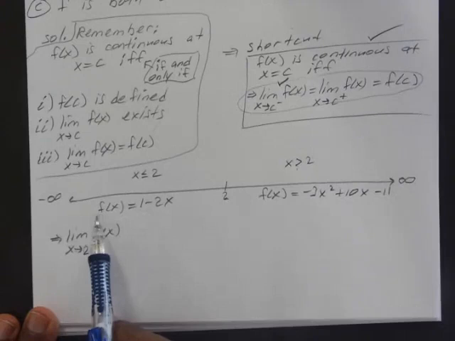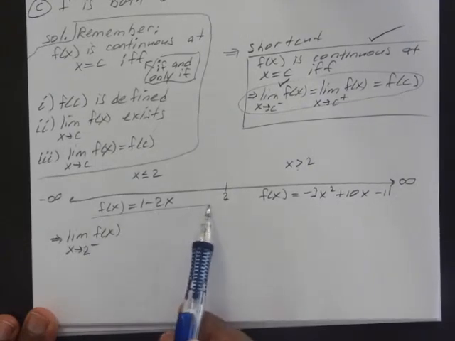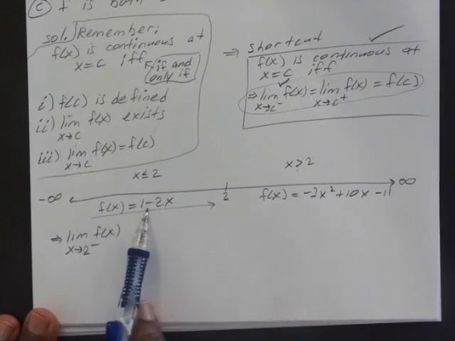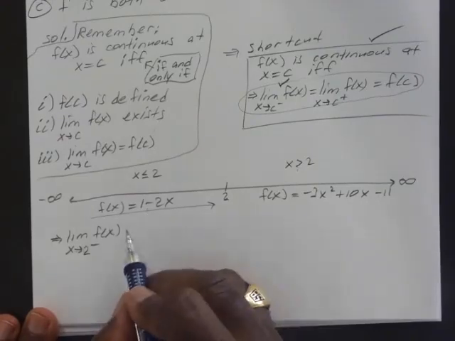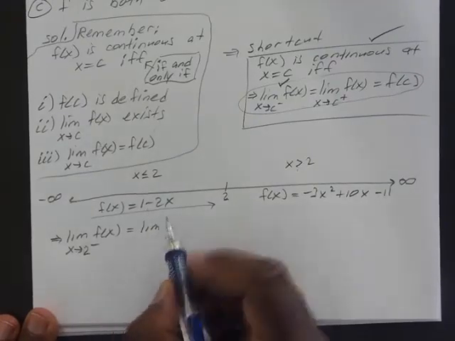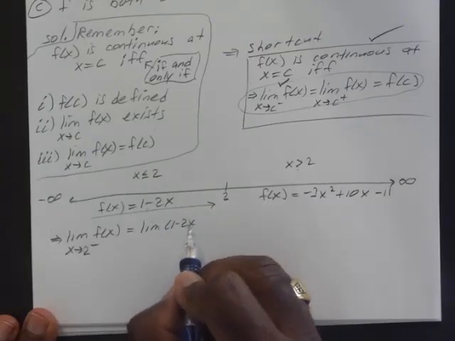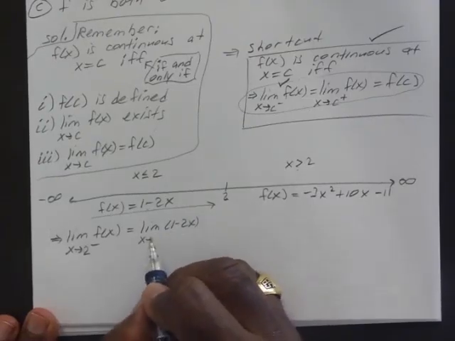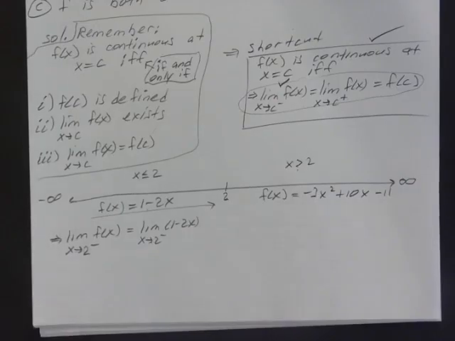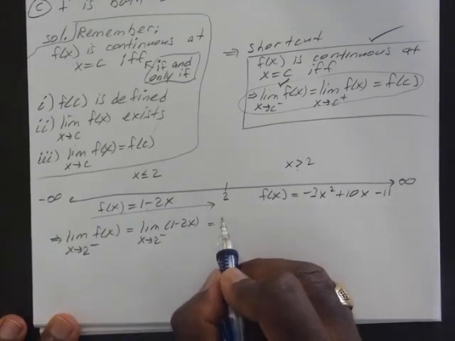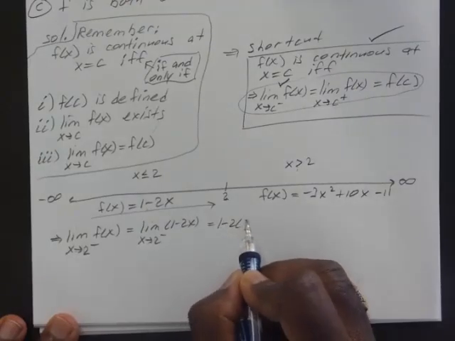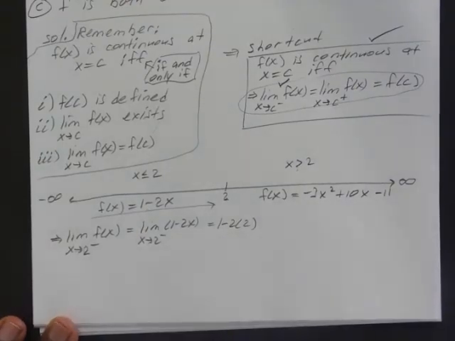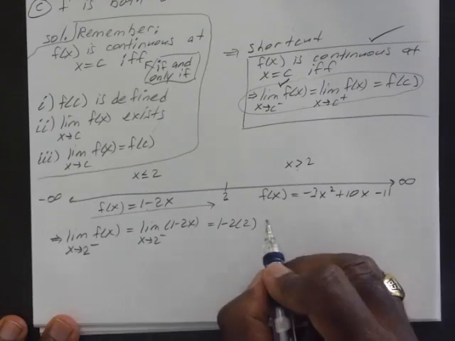When you're approaching 2 from the left, your f of x is 1 minus 2x. So that's equal to the limit of 1 minus 2x as x approaches 2 from the left. We can just use direct substitution. That's just 1 minus 2 times 2, which is negative 3.